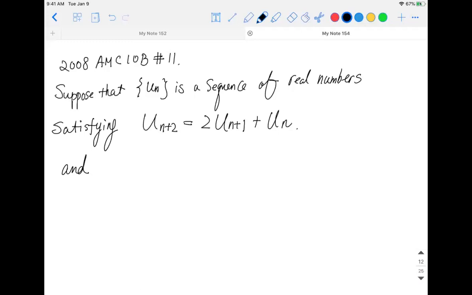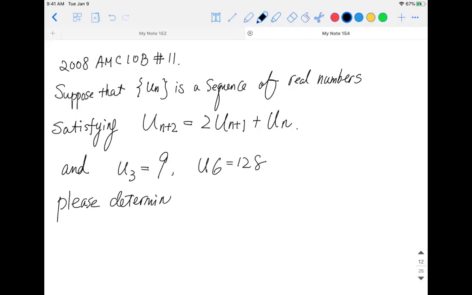Let's say U3 equals 9, U6 equals 128. So please determine what is the value for U5. What is the value for U5?